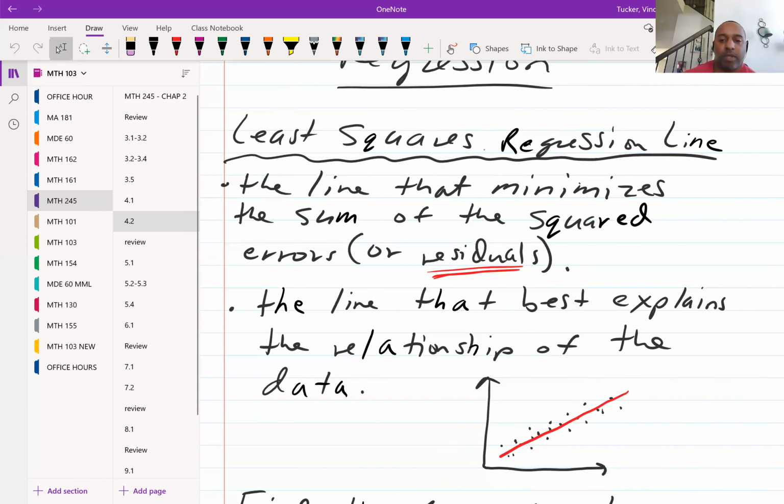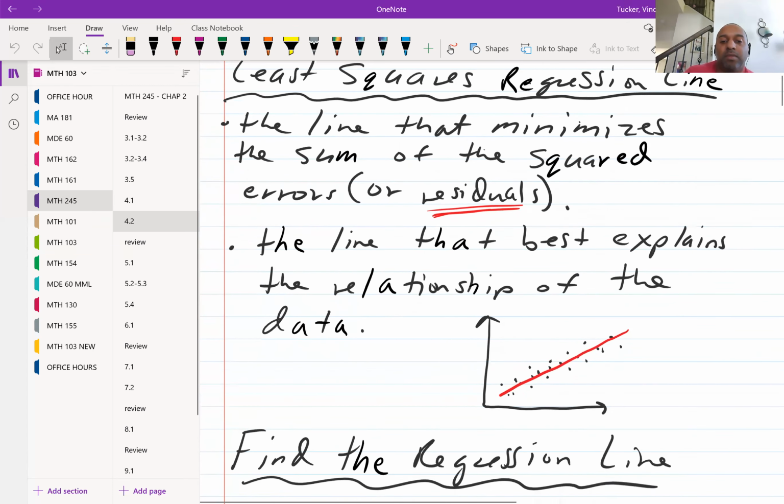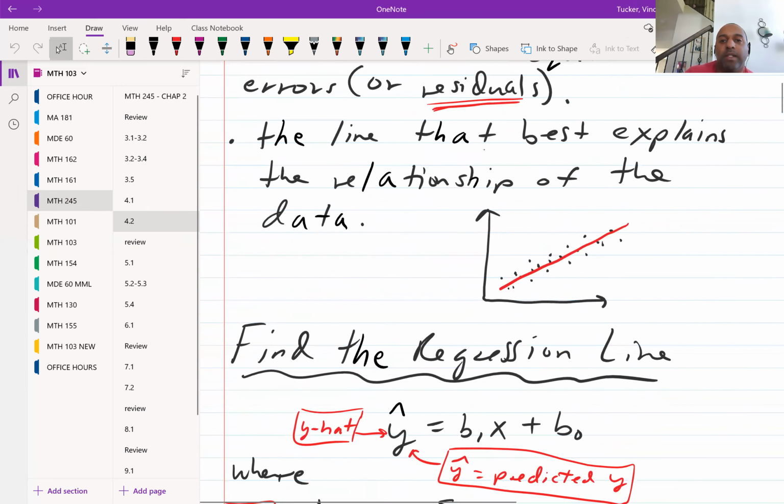And it's the line that best explains the relationship of the data. Of course, let me know if I scroll up too fast.